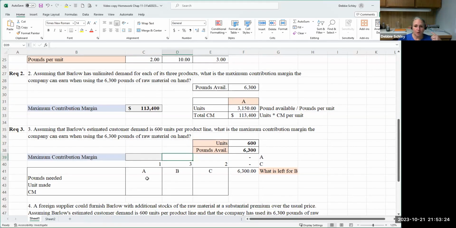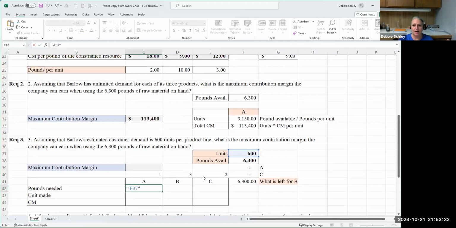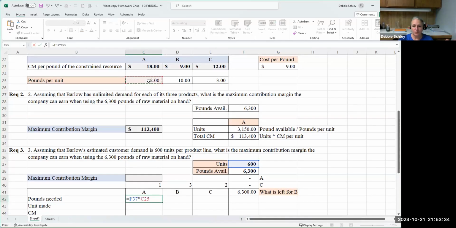Okay, so if I make 600 units of A, I need to multiply that by the pounds per unit, and that tells me I need 1,200 pounds to make 600 units of A. So right there, I'm subtracting 1,200 from my 6,300 that I had to begin with.